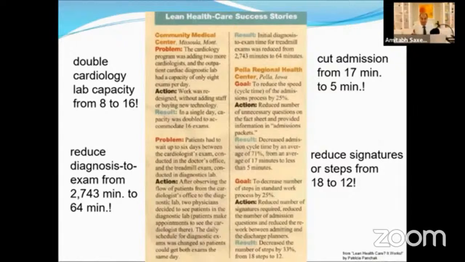Now patients make appointments to see the cardiologist there, and the daily schedule for diagnostic exams was changed so that the patients could get both exams done on the same day. So you are keeping in mind the convenience of the customers, your patient-centric process.